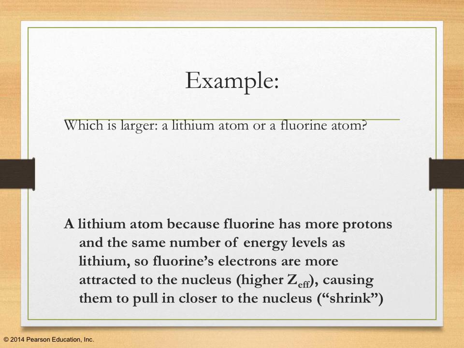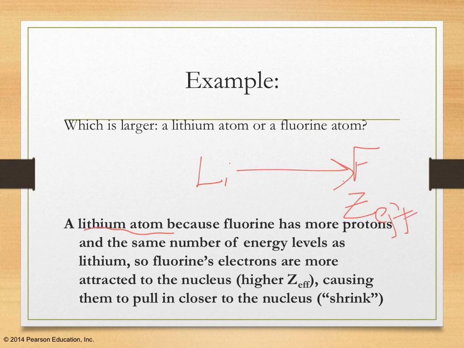Well, if you listened to the earlier slides, or if you understood them, a lithium atom is larger, even though it has fewer protons, fewer electrons, fewer neutrons. It is larger because lithium and fluorine are in the same energy level, so we haven't changed the energy levels. Fluorine has more protons, and therefore there's a stronger Zeff, a stronger effective nuclear charge for fluorine.